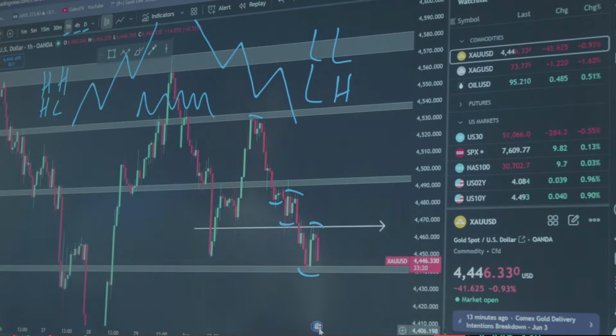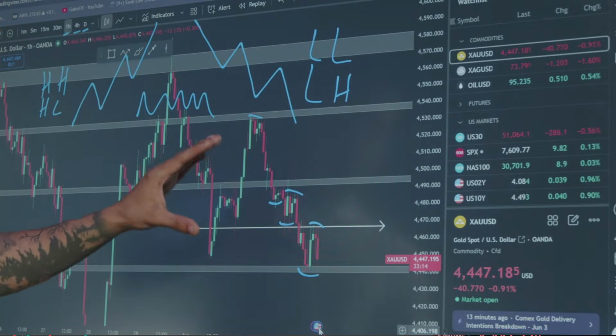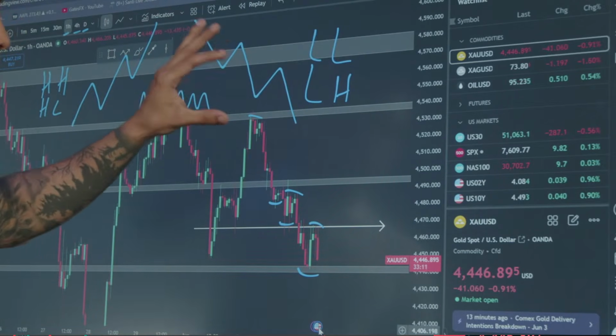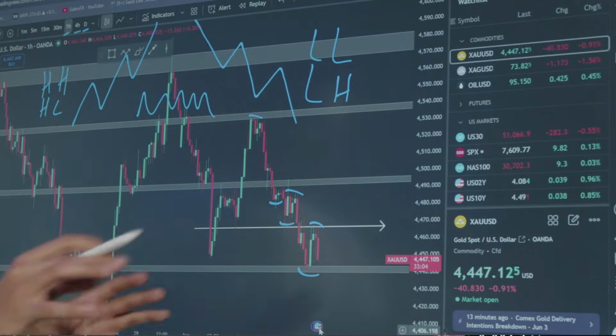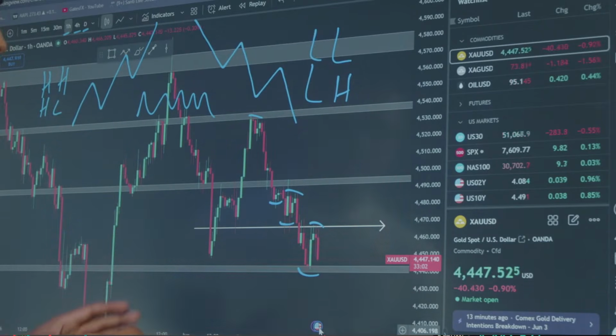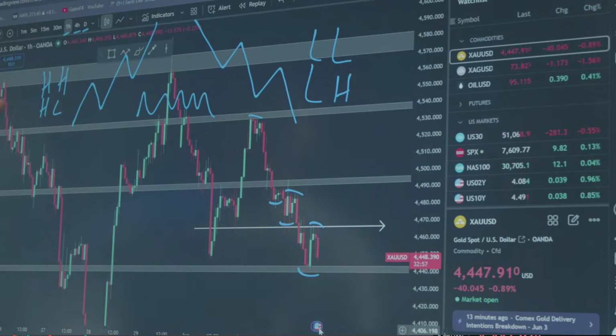Does that make sense? Here's where I don't want you to get confused. You can get bullish market structure within bearish market structure in different time frames. Where do we see that? Say that we're bearish on the overall market structure, but the lower time frames can be bullish.